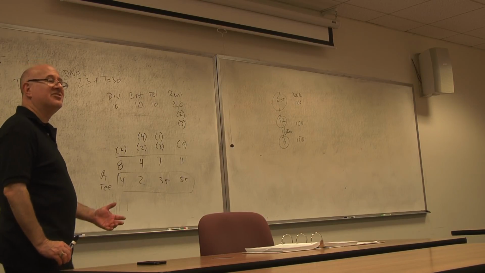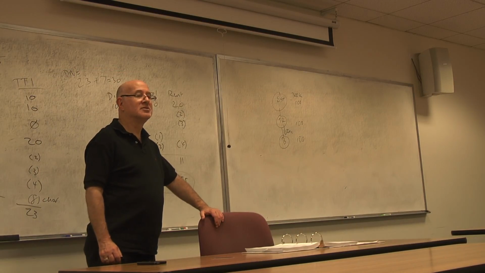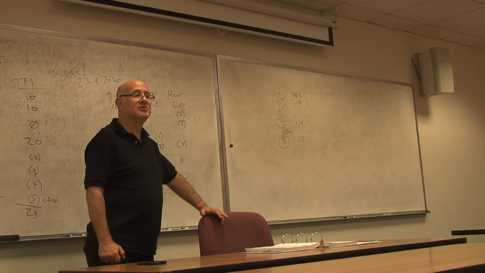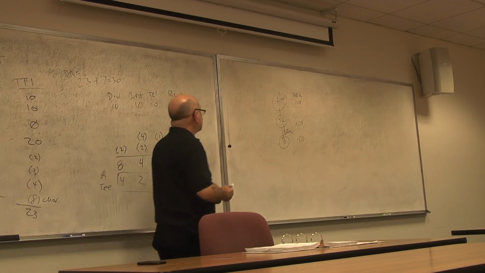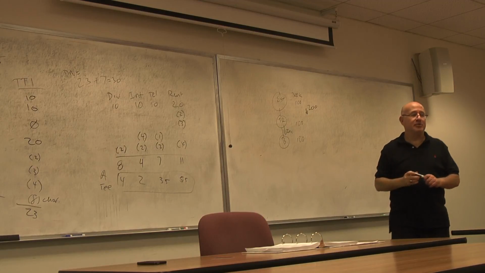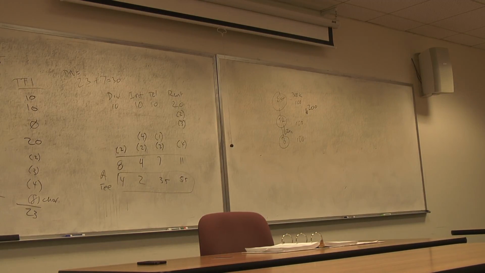Well, let's start with the easy thing. How much is our distribution going to be at the estate level? 200. So how much are we going to have to distribute from the estate? 200. Okay? And now the question is, what are we going to distribute from the estate? Income.